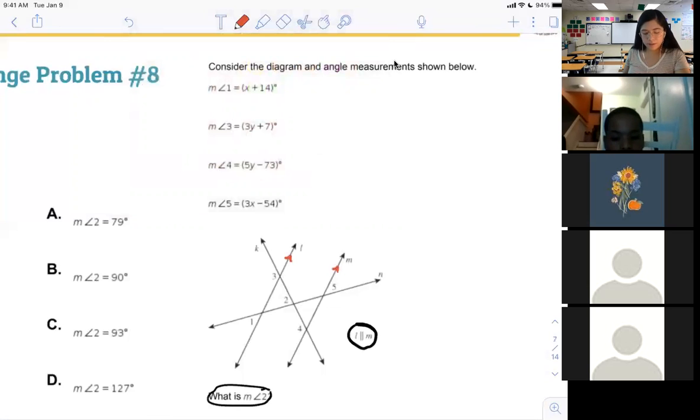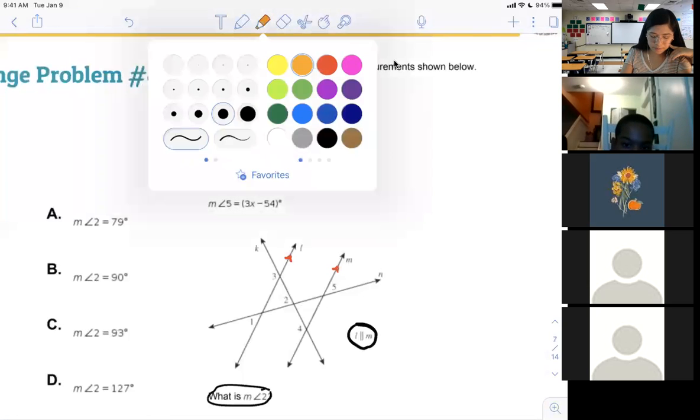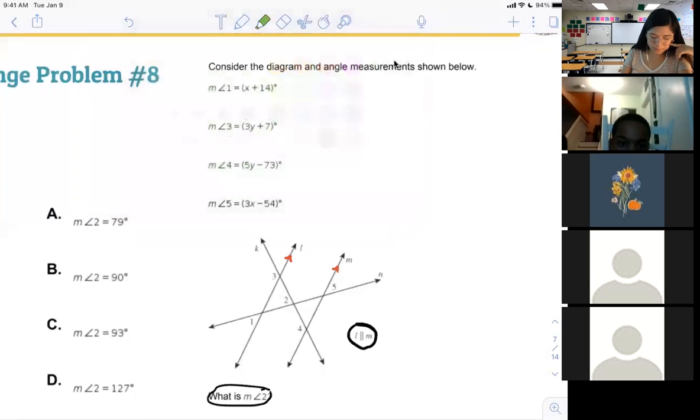So what I would like to do is highlight all of the angles that are the same based on this diagram. Can I start with angles 1 and 4? Okay, this one and this one?